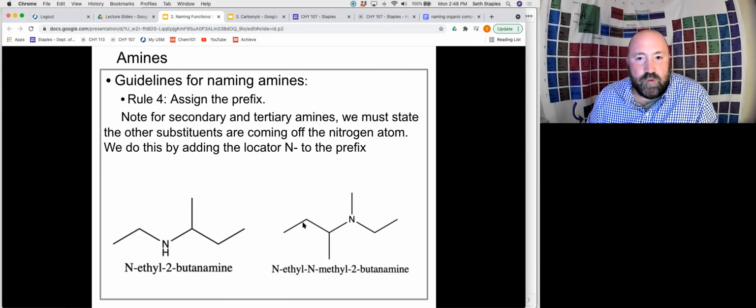Here, we also have 2-butanamine, so it's our same butane right here with our amine group coming off our second carbon. But now we also have an ethyl and a methyl coming off our tertiary amine here. So we get N-ethyl, N-methyl butanamine.